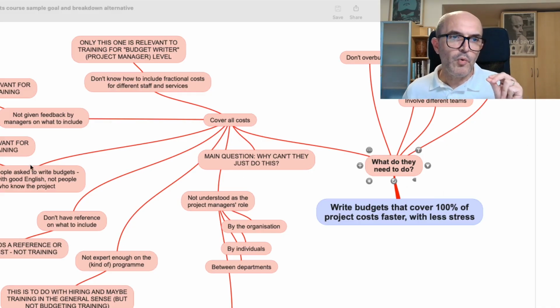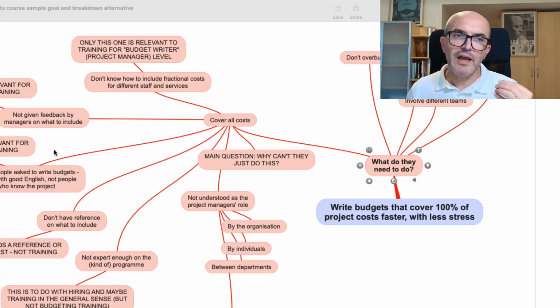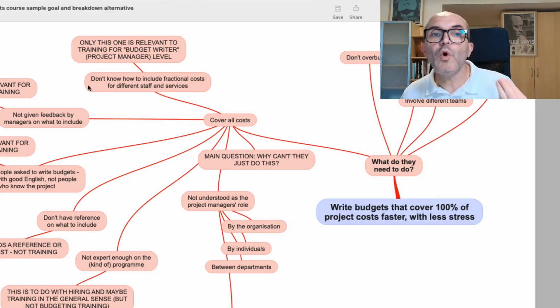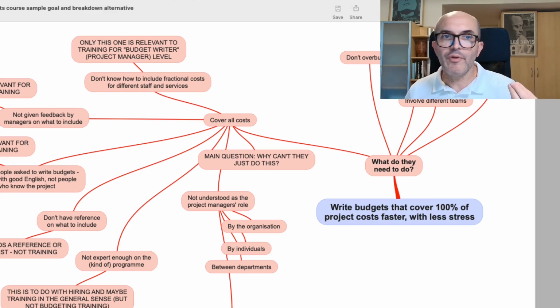Right. The question then is, well, which of these are to do with training? Right. And in fact, if we're training people who write the budgets, the project managers, basically, there's only one of them which is to do with a gap that they have. This one about they don't know how to include the fractional costs.